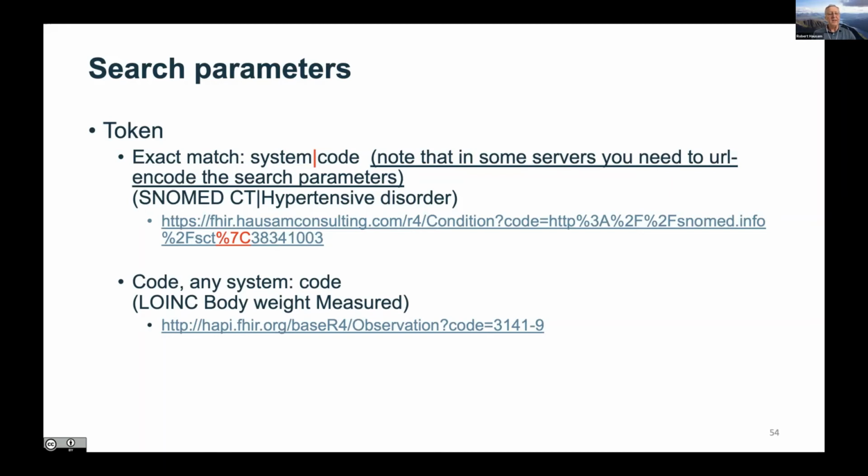So basically the simplest search that deals with terminology is the token search, and it works on the principle of an exact match, but it has multiple parts. It has both the system and the code, and we've talked about the fundamental idea that you don't understand the meaning unless you have both of those elements.